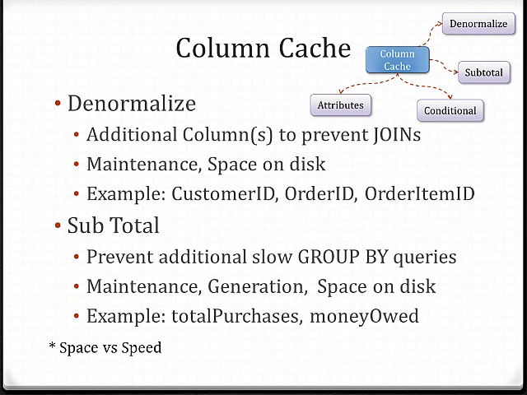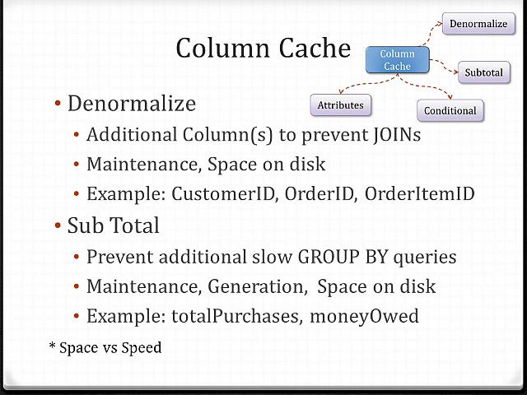Right, so moving to column cache. This will be a bit unusual. So denormalize, basically, you're trying to prevent a join. You are keeping usually an ID from another table, on purpose as additional data in a table.